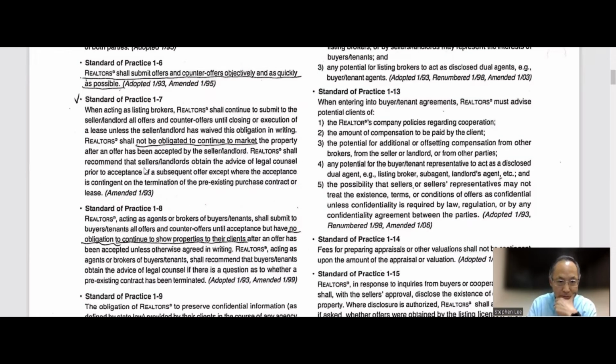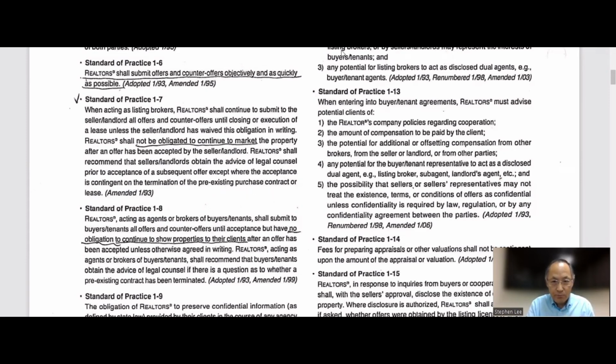And realtors shall recommend that the seller obtain the advice of legal counsel prior to acceptance of a subsequent offer, except where the acceptance is contingent on the termination of a pre-existing purchase contract or lease.